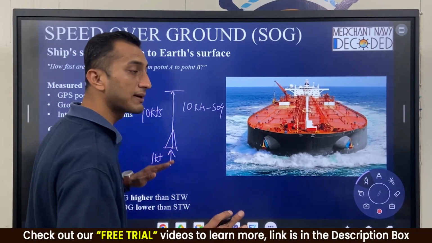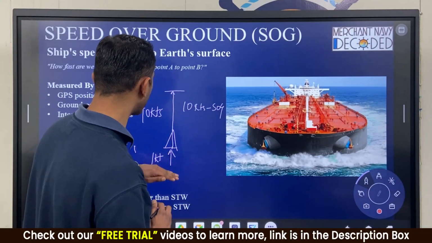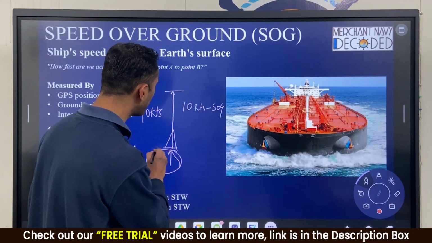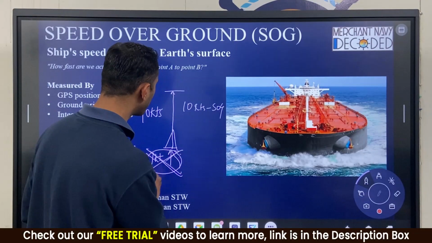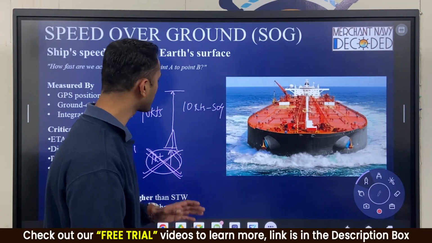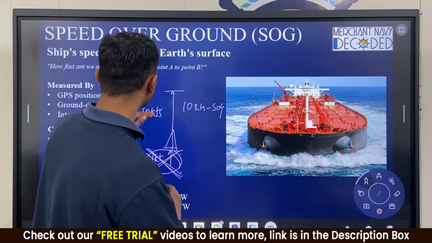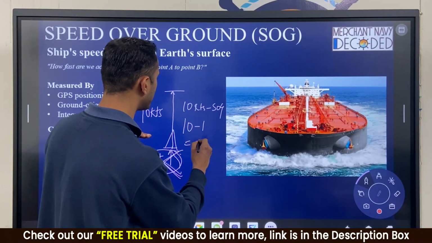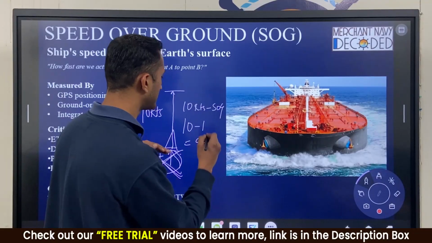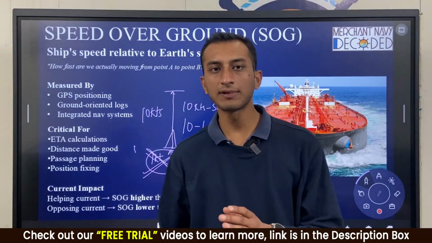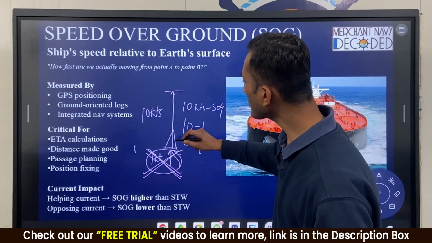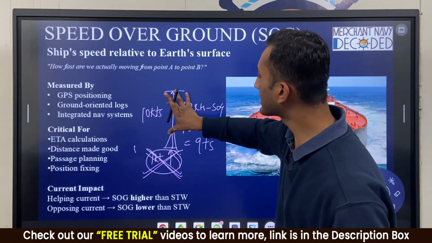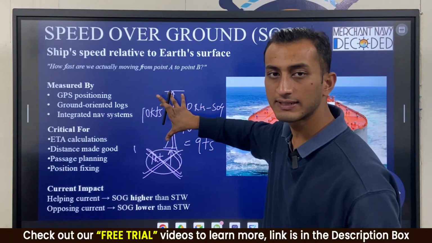If we remove this current and just take into consideration the ship's speed, this will come down to 9 knots. You getting what I'm trying to tell you? She covered this distance with 10 knot speed.